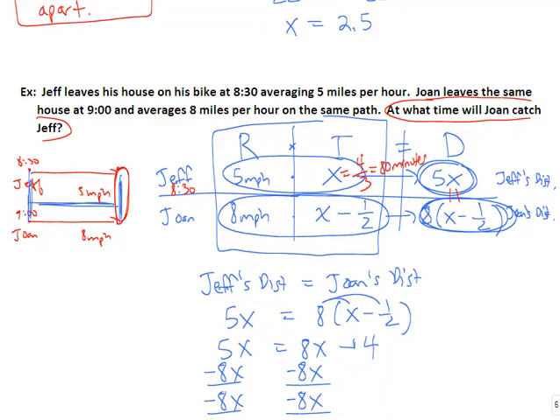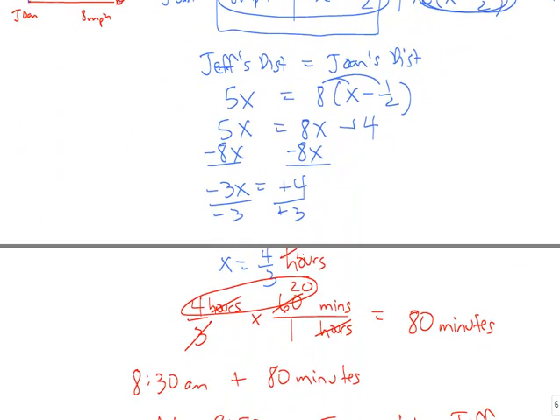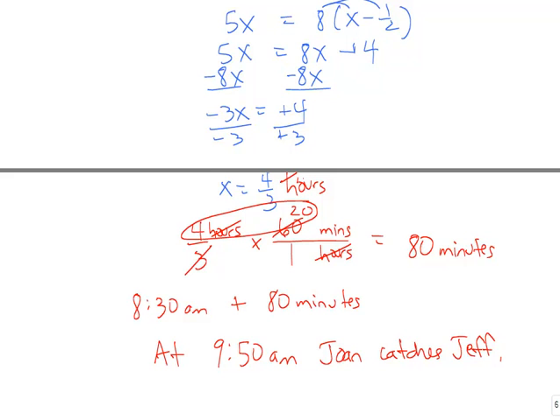And when we solved, we ended up getting the time in hours. It was kind of an awkward time, so we changed it back to minutes. And then to get the clock time that corresponded to, we took Jeff's initial starting time, which was 8:30 a.m., and added 80 minutes later to get to 9:50 a.m. And we have our final solution.